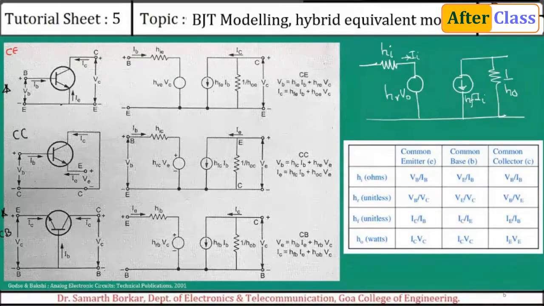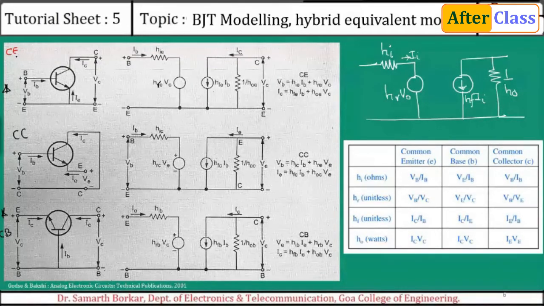Fine. So why are we going for this modeling? As we have discussed, we replace the transistor symbol by its passive elements. These are the passive elements: resistor, current sources, voltage sources, which will best approximate the performance of the transistor. Meaning, if I replace this transistor by this network, I'm going to get the same performance. That's the meaning of it. Okay. So here there's a slight mistake in the textbook. This has to be HR.